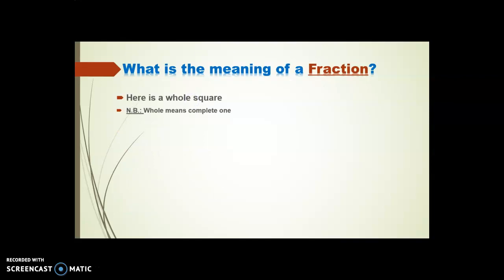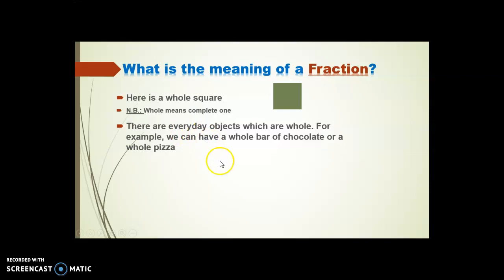Here is a whole square. Whole means complete one. This square is a complete square. It's not divided. There are everyday objects which are whole. For example, we can have a whole bar of chocolate or a whole pizza, one complete bar of chocolate or one complete pizza.